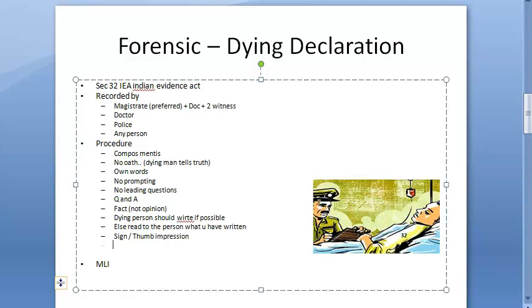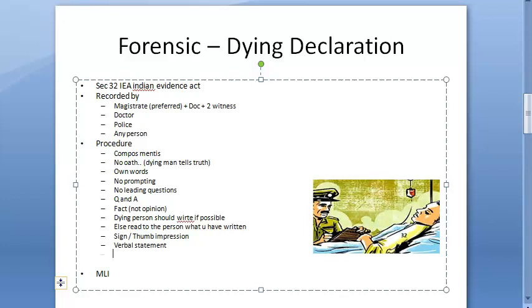If the declarant is unable to speak but he makes signs, you should record it as a verbal statement. While recording, if the declarant becomes unconscious, the recorder must record as much information as he can, and sign it.